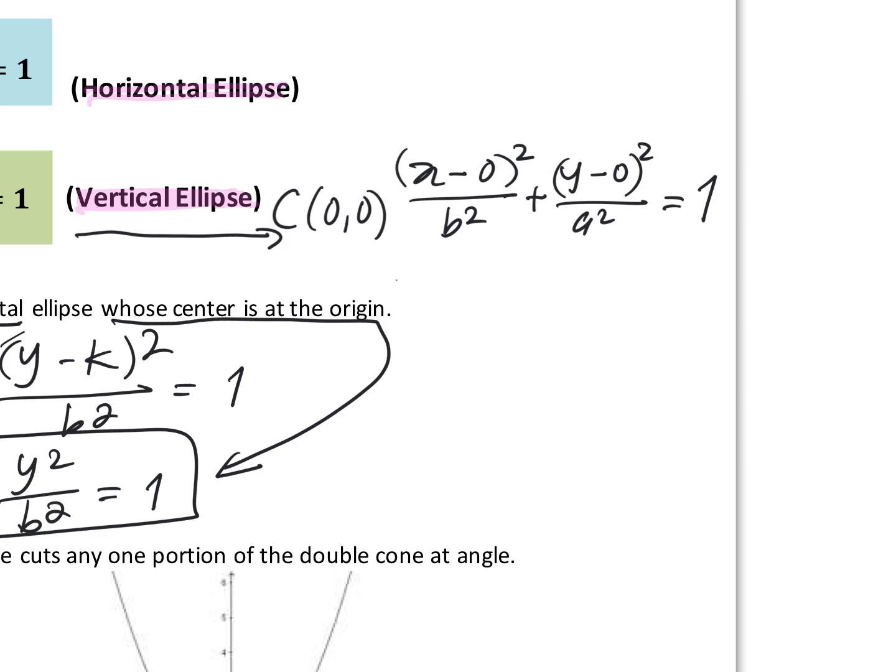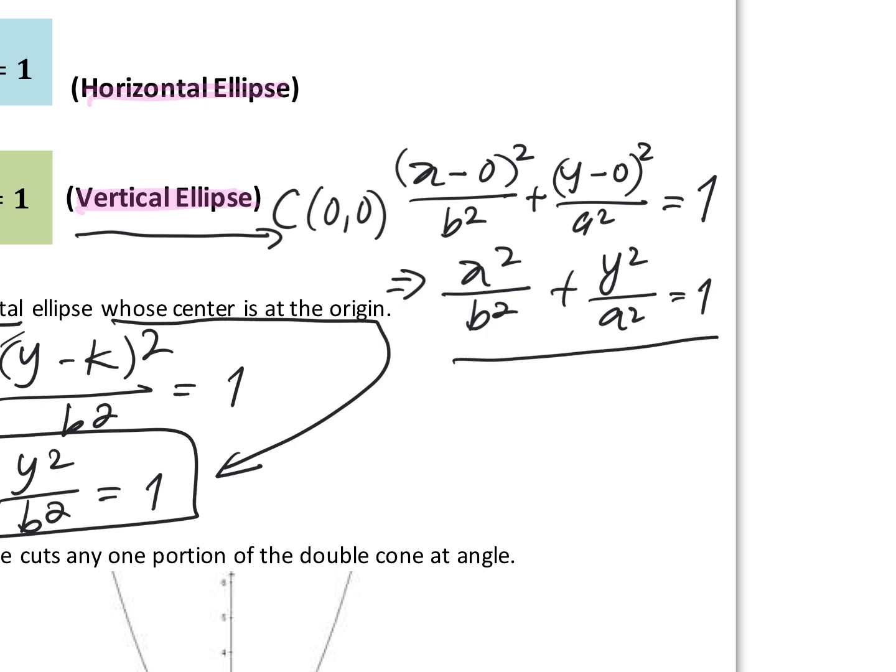So simplifying this one, this is now going to give you x^2 / b^2 + y^2 / a^2 = 1. So this is going to be the equation for our vertical ellipse.